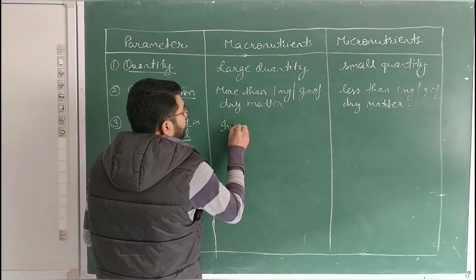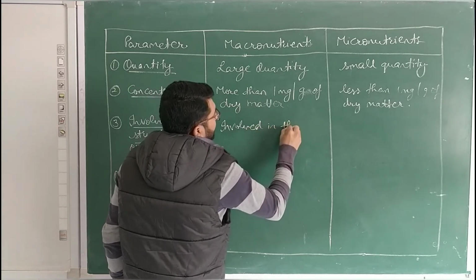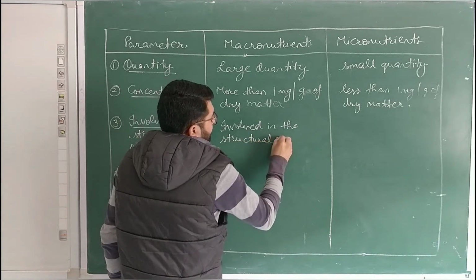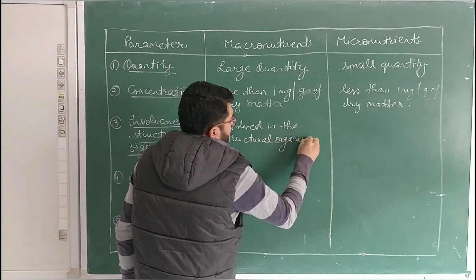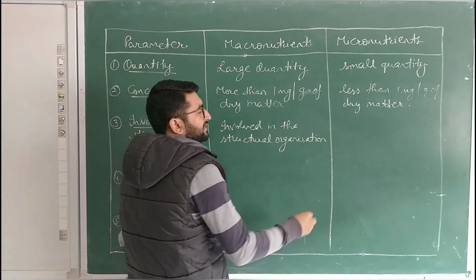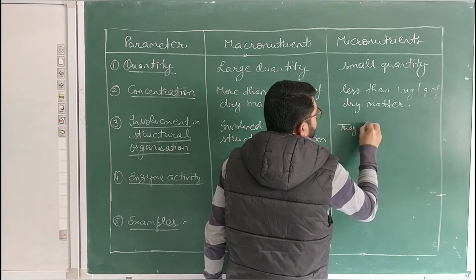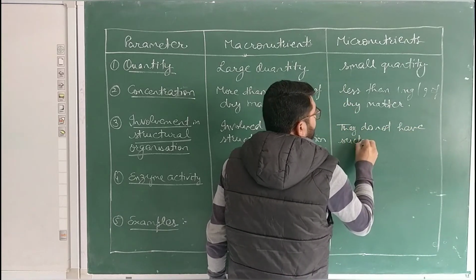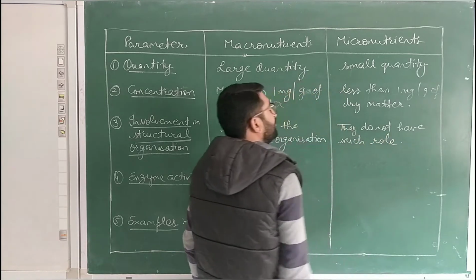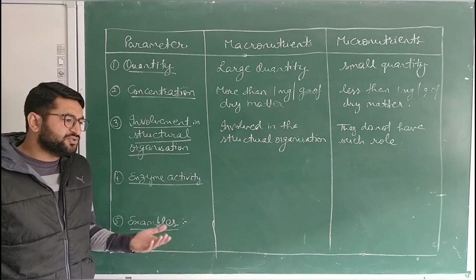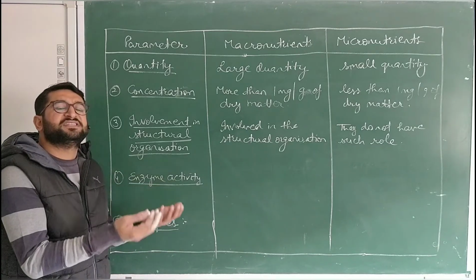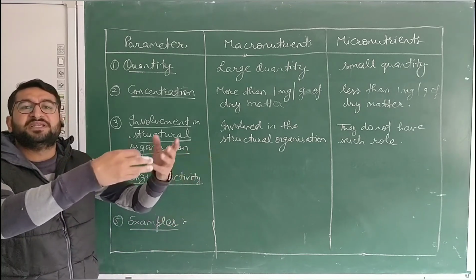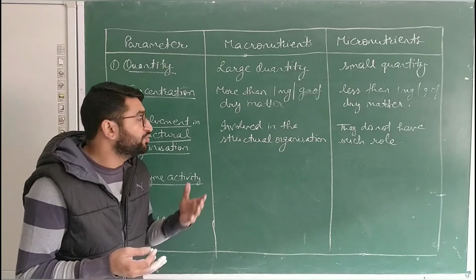Macronutrients are involved in structural organization, whereas micronutrients do not have any role in it. They do not involve in the structural composition of a cell, tissues, that is the plant. Cells and tissues join together to form a complete multicellular complex organism. उसमें तो रोल है ही नहीं इनका.